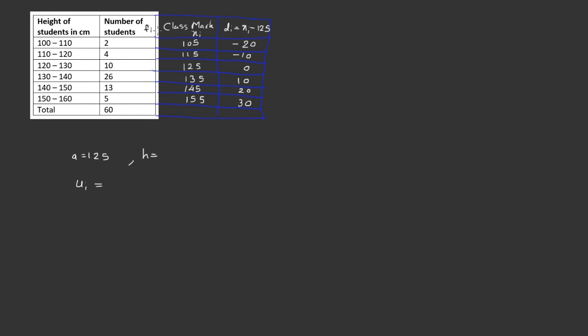Here, the class width is equal, therefore it is suitable to take the class width as h. The class width here is 10, so I am going to take h as 10. Therefore, ui is equal to di by h, that is equal to di divided by 10. I need to calculate ui for each di.